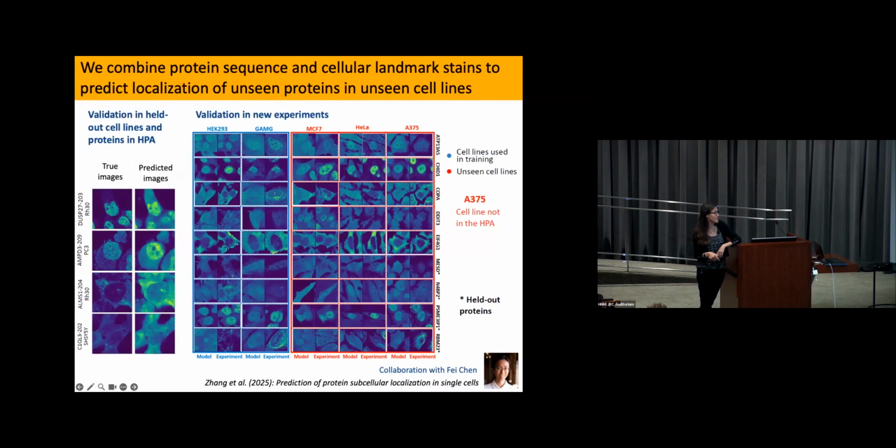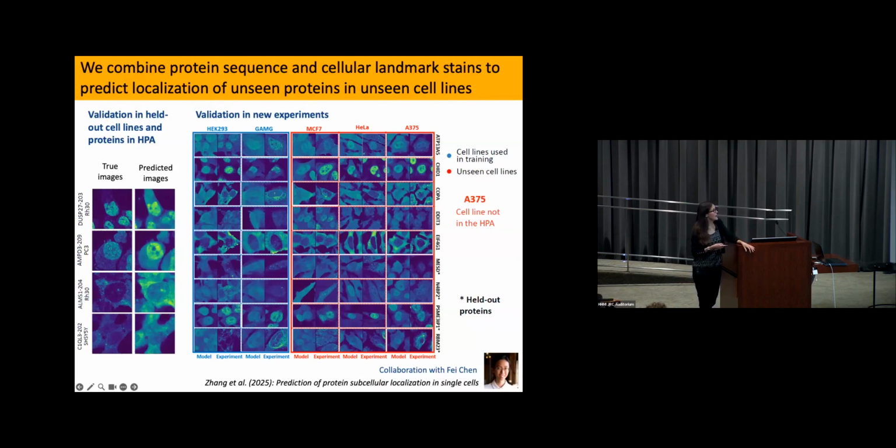This is in collaboration with Fei Chen's lab. These are completely new experiments with unseen cell lines, even a cell line that isn't in the Human Protein Atlas, and we see how well we can predict, even for proteins the model has never seen, where they are localized, by generating the image of how we predict it would look if you were able to stain that particular protein. This is qualitative.